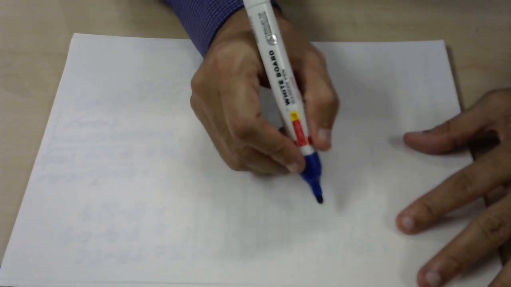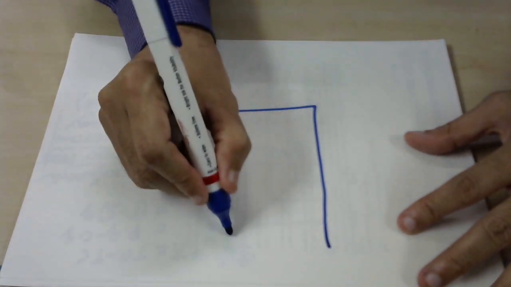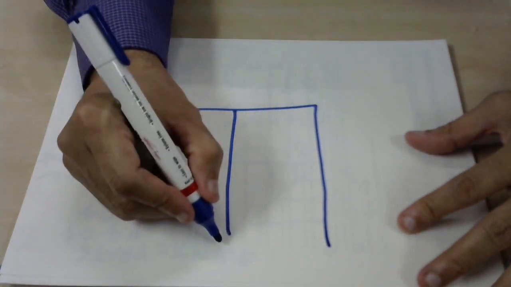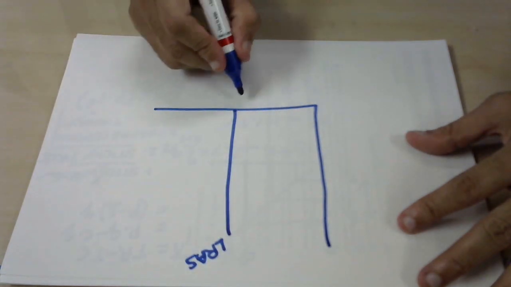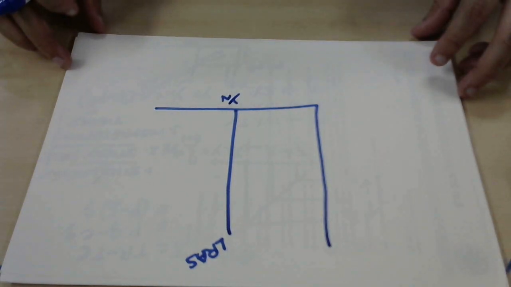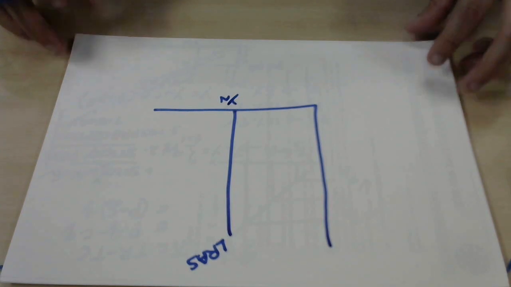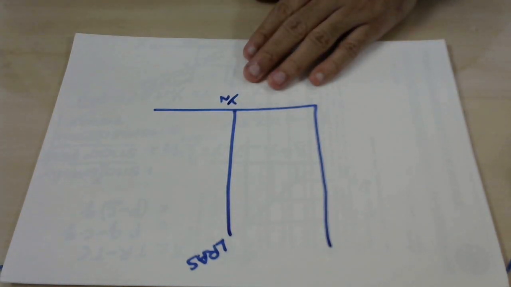My aggregate supply curve comes in two different versions. One is in the long run, how much an economy can produce, that is given by its natural rate of output, because when all your factors of production are fully employed, that is the maximum output that you can get, or the full employment output.